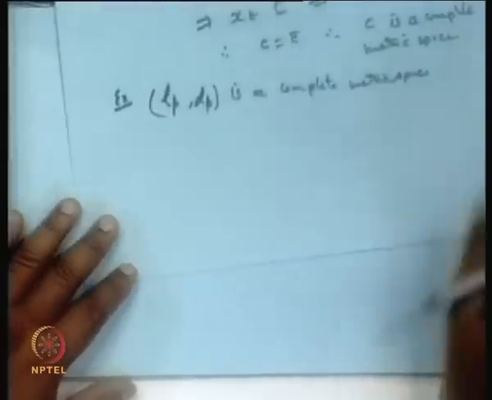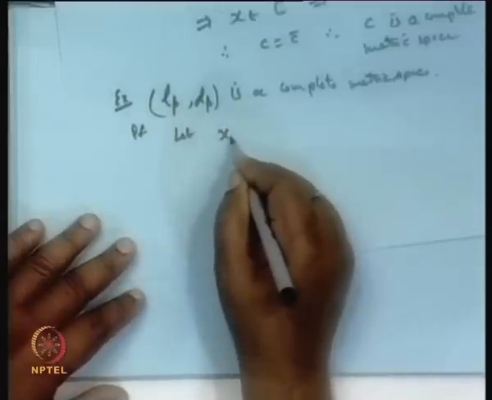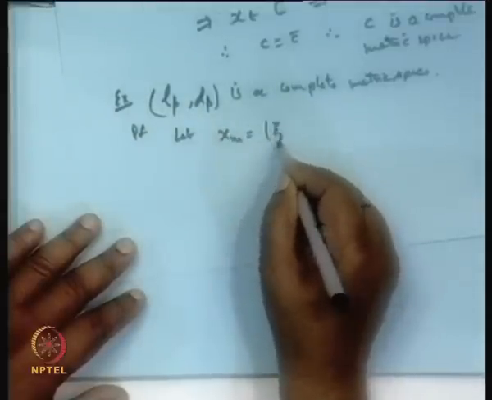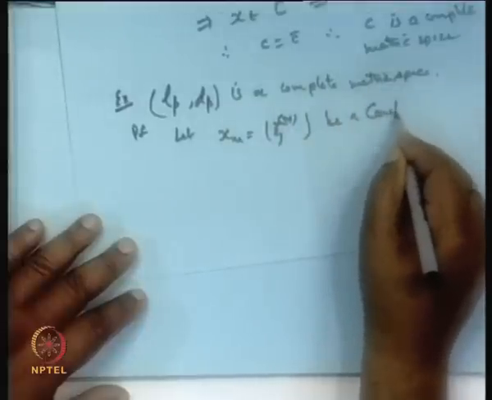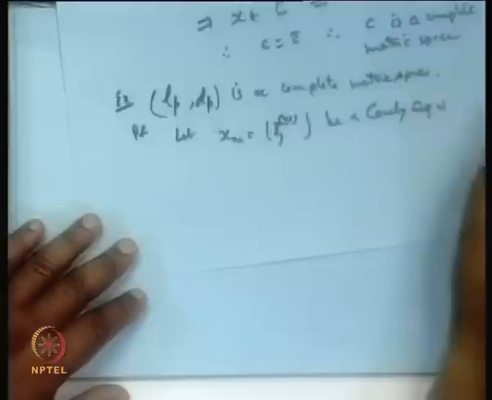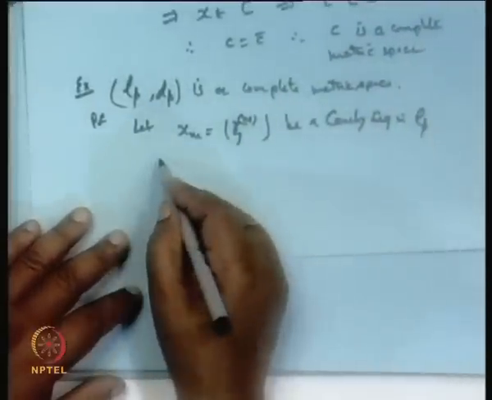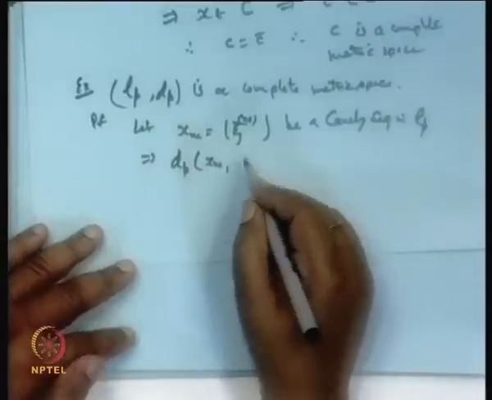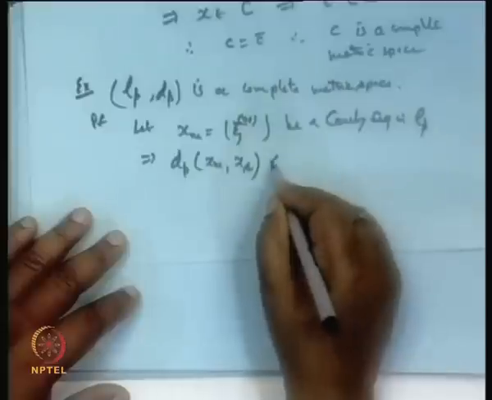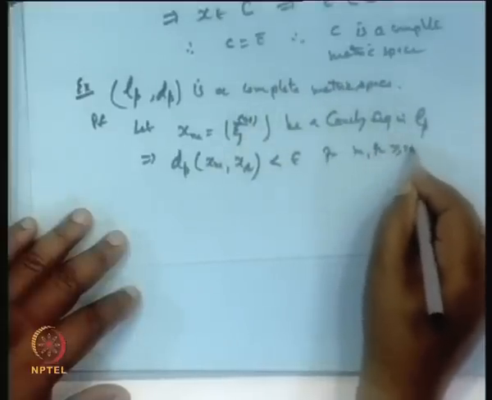The proof is: let x^m, which is (xi_j^m), be a Cauchy sequence in L^p. Once you get this, it means d_p(x^m, x^r) remains less than epsilon_r for m, r greater than or equal to N.